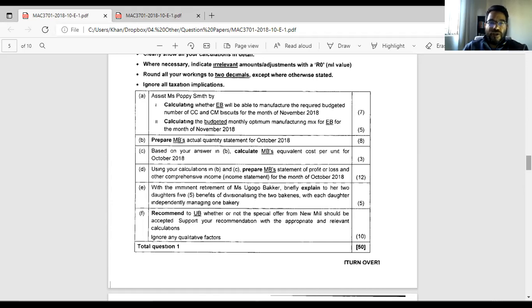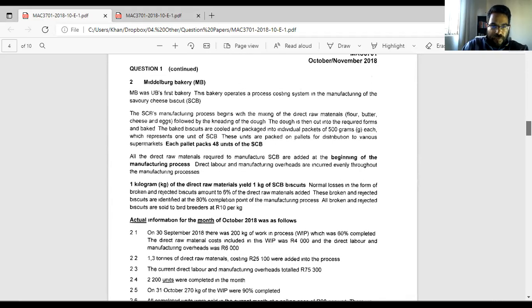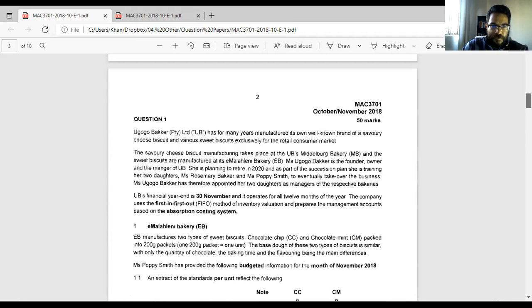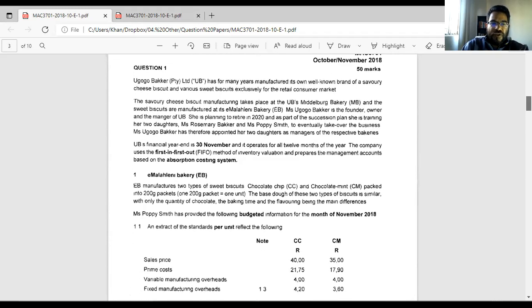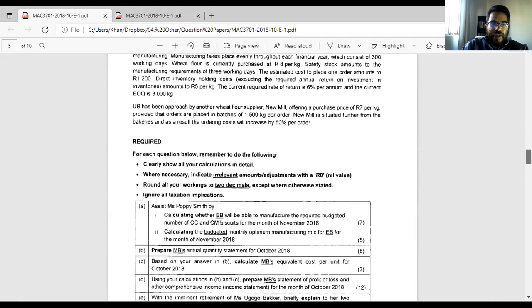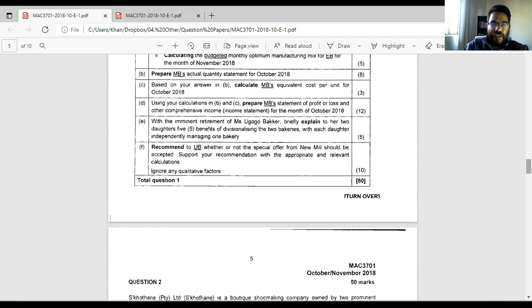Is it a variable costing system or an absorption costing system? Let's check again what system they're using. Absorption. So they're using an absorption costing system, and your income statement needs to be based on the absorption costing method.